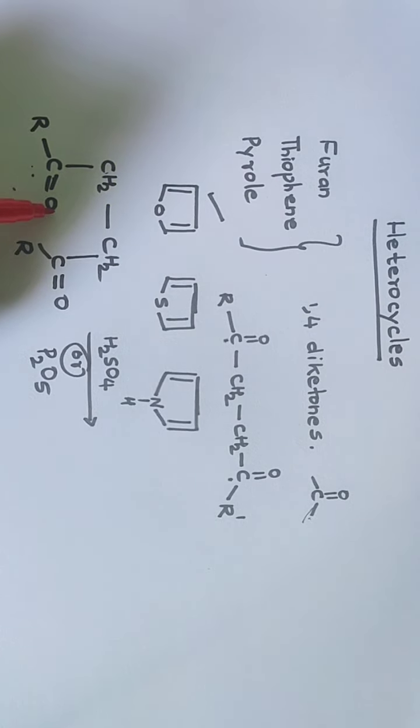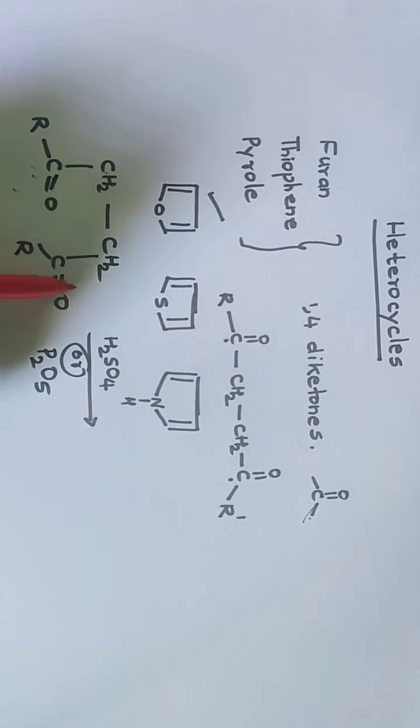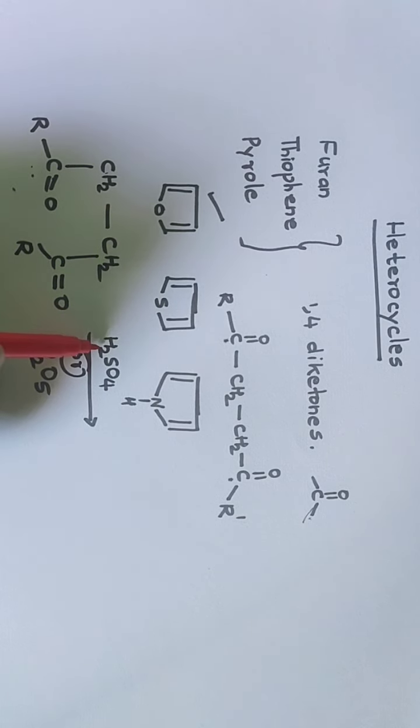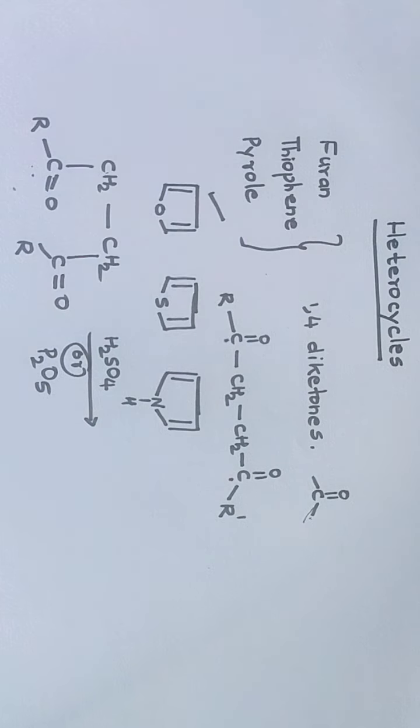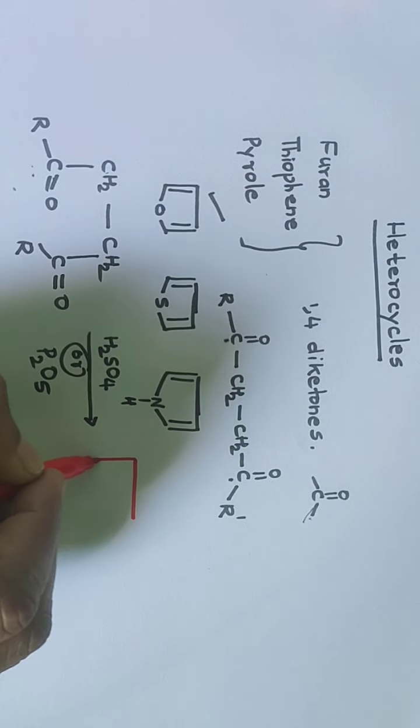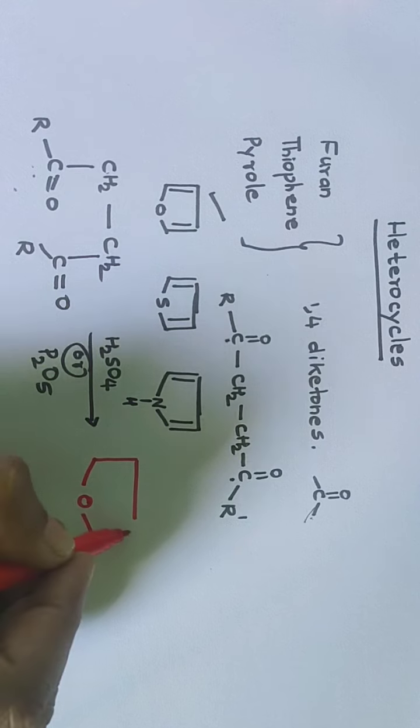So what happens is this oxygen attacks this carbon. Actually, initially the double bonded oxygen gets protonated because of H2SO4, which is a proton donor, so it becomes OH plus. Then this oxygen attacks, and the double bond O gets converted into single bond OH. Then loss of a proton takes place from here, and OH goes from here. So loss of water takes place, and you end up getting the furan molecule.